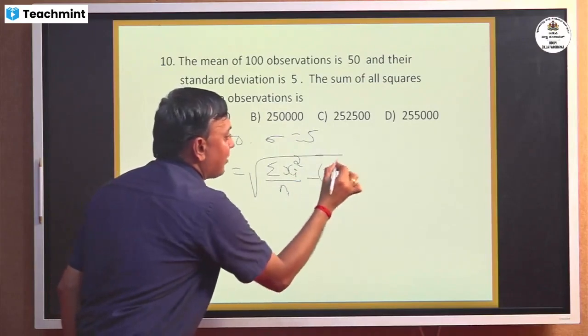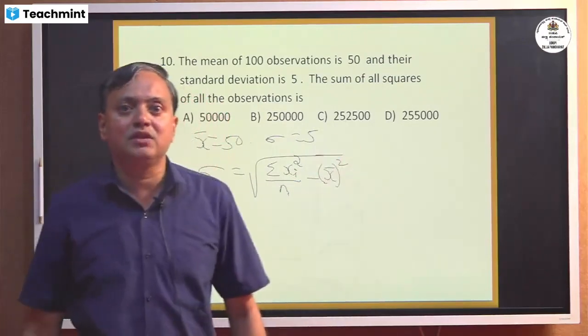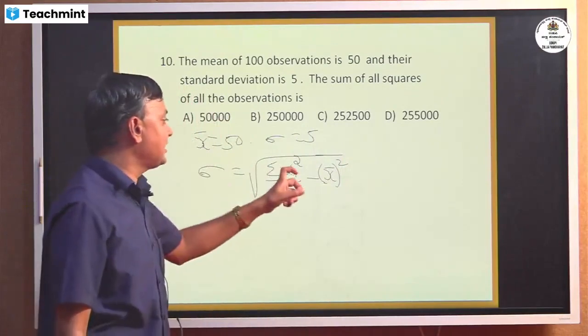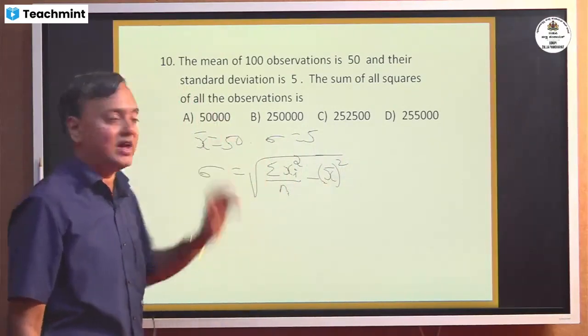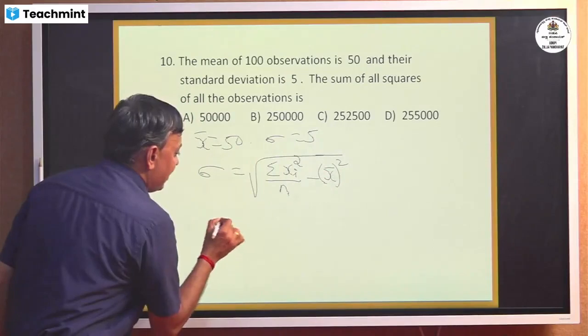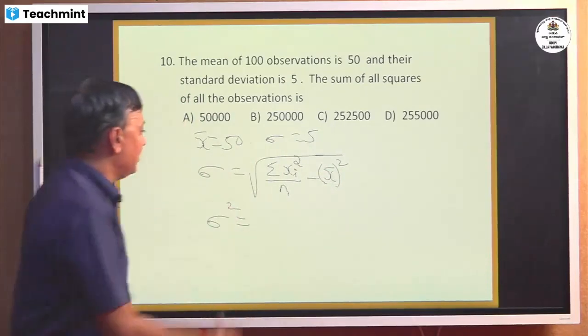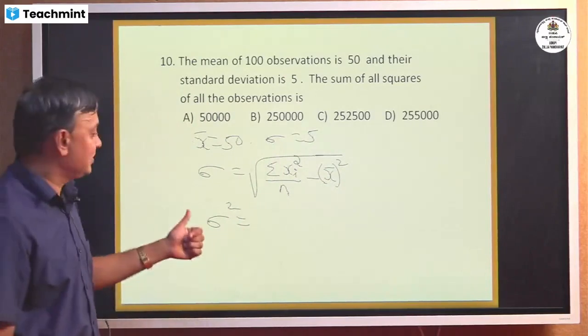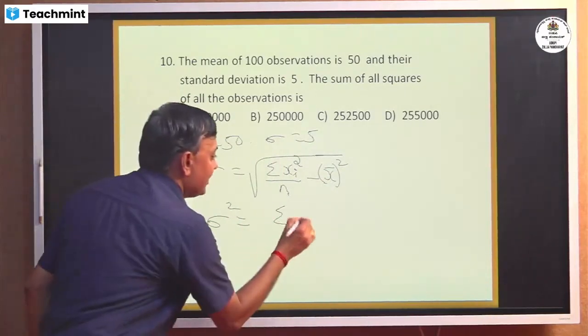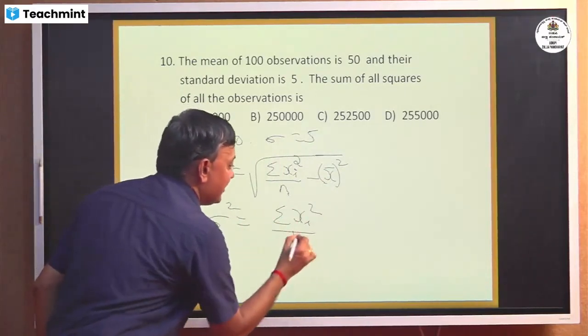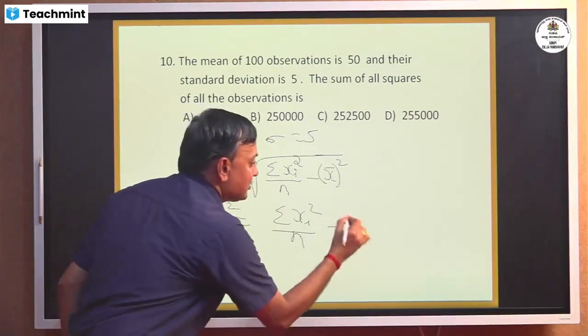This is another formula, I already told you. Sigma square becomes the variance. Remove the root, we get by squaring: sigma square is sigma xi square by n minus x bar square.